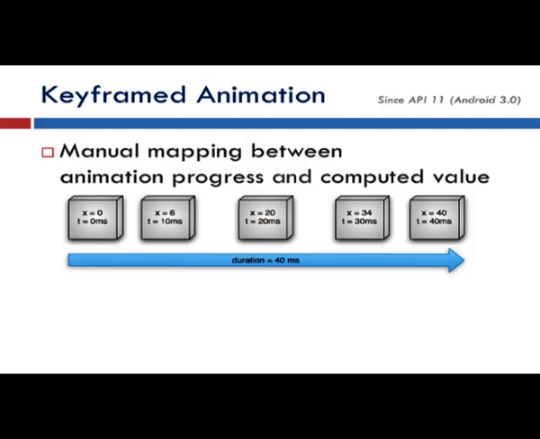For example, here I have shown that at time equal to 0 milliseconds, the x value will be 0. At time equal to 10 milliseconds, the x value will be 6. At time equal to 20, x will be 20, for example, and so on. This can be done by using keyframed animation.